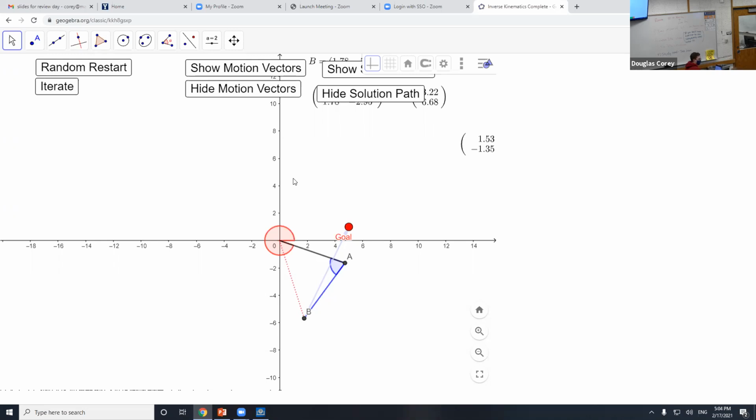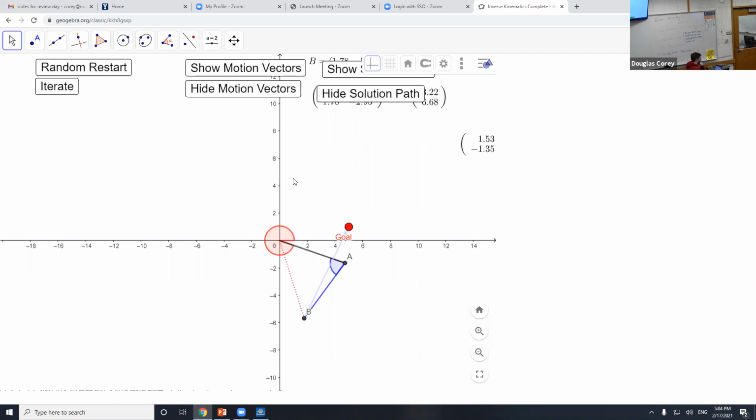So this is the setup I have: a shoulder joint and an elbow joint. I can move this piece around, and I can adjust the angle here. The goal is to get B, the end of the arm, right here, this red spot that says goal. You can see I have a light vector there showing where we need to move.